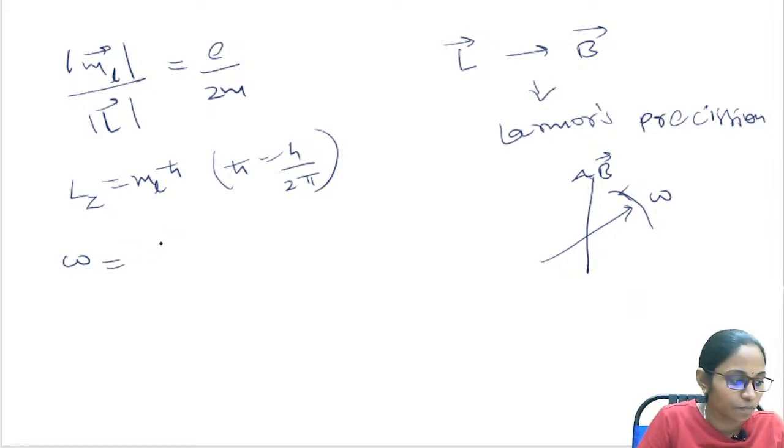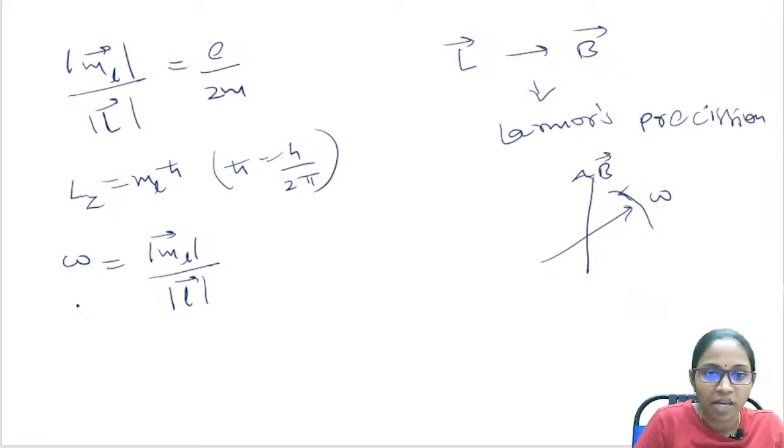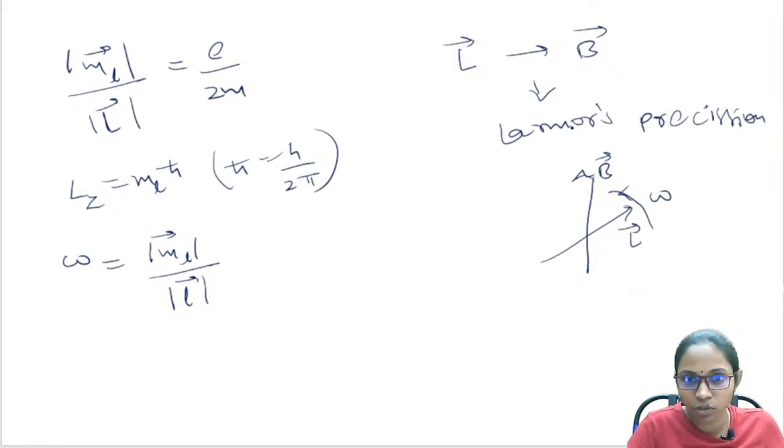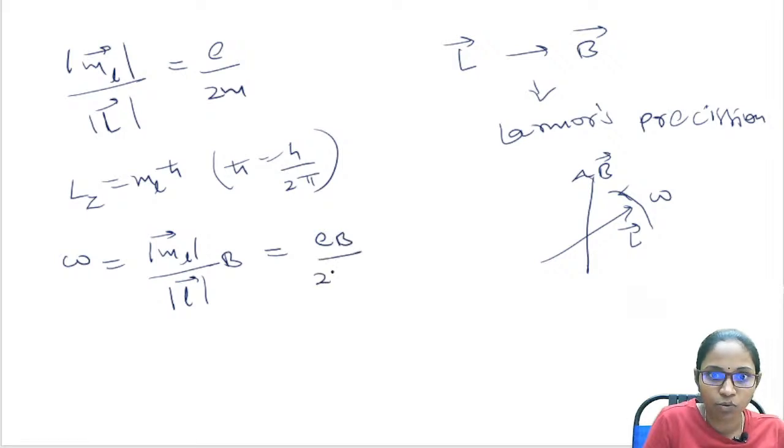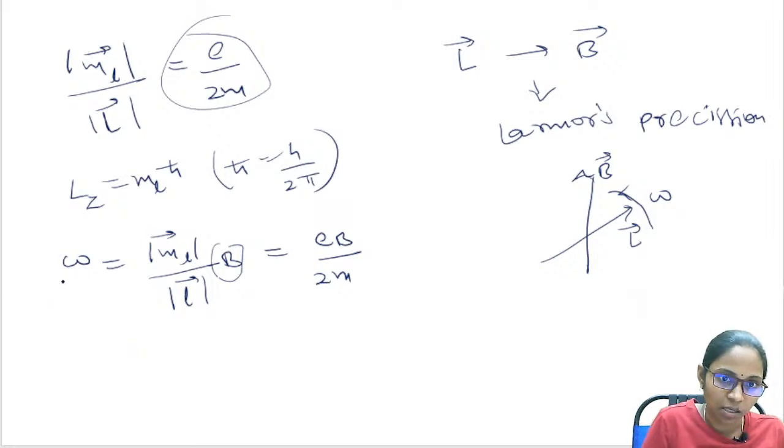This is given as mod of ML bar by mod of L bar, multiplied by the magnetic field B, since it is precessing about B bar. It can be written as EB by 2M. From this equation, this value is E by 2M, multiplied by B, and this is nothing but the angular velocity of L bar about B bar.